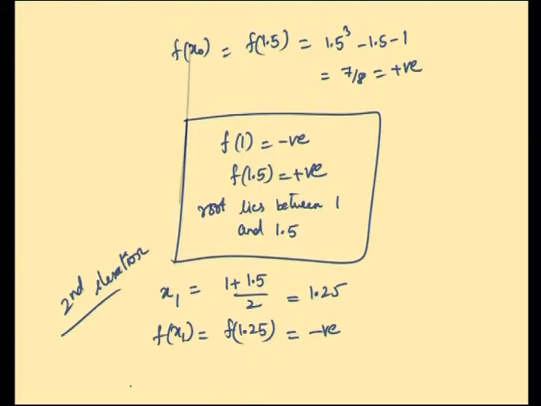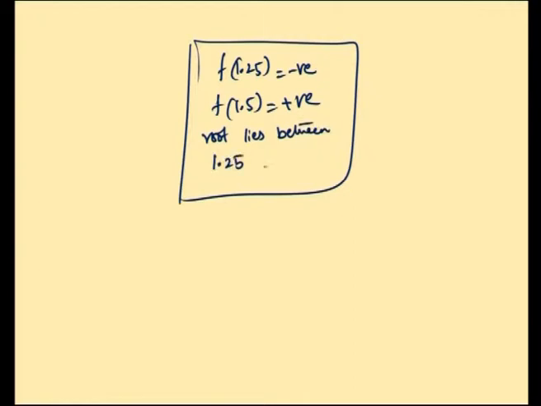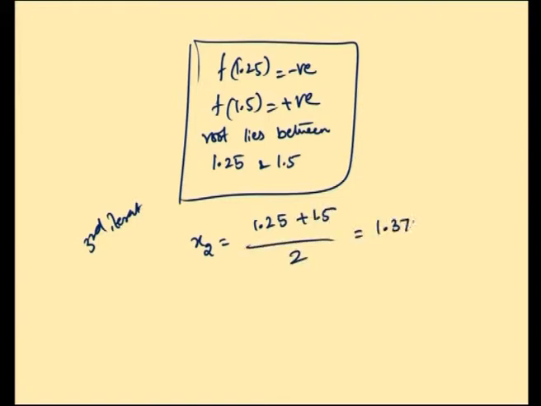Therefore, we conclude that the root lies between 1.25 and 1.5. Just write down this. f of 1.25 is negative and f of 1.5 is positive, therefore the root lies between 1.25 and 1.5. Then the third iteration goes as x2 is equal to 1.25 plus 1.5 divided by 2, which is 1.375.